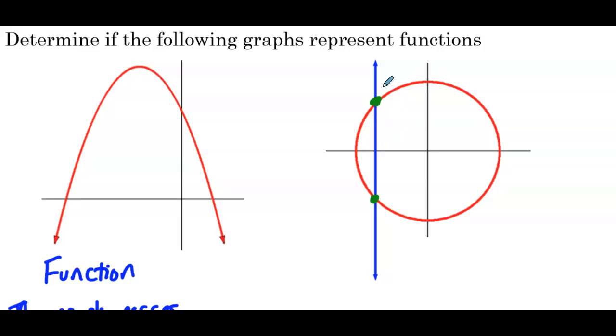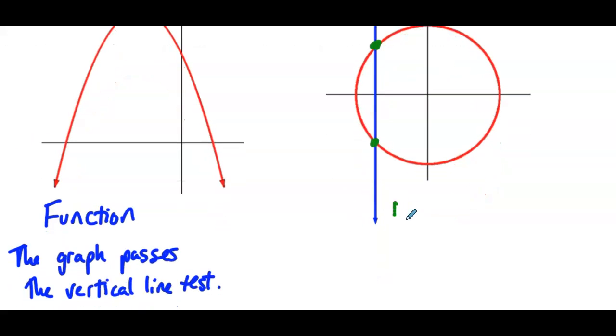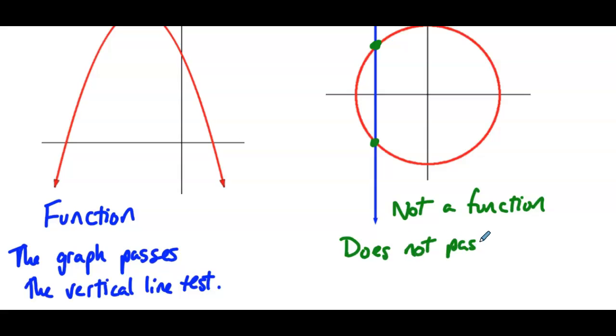So what that tells us is if we input this x value, whatever it might be, maybe it's -3, then in this relation we output 2 different values for that input of -3. So this is not a function, and our reasoning is it does not pass the vertical line test.